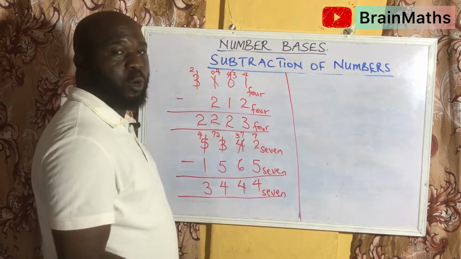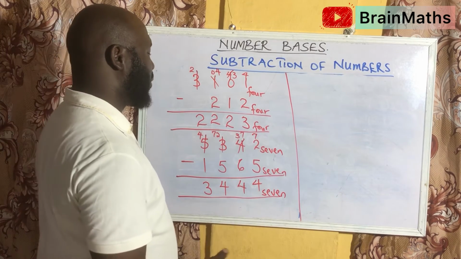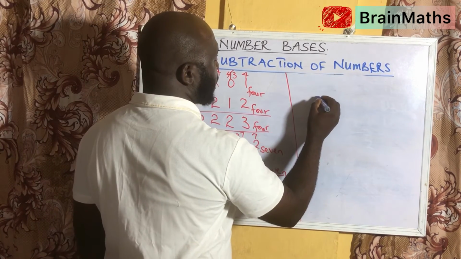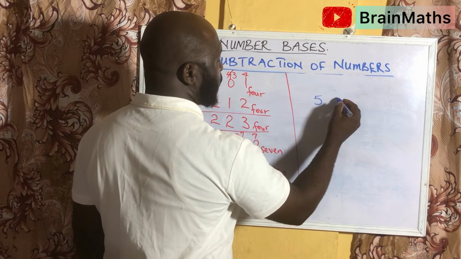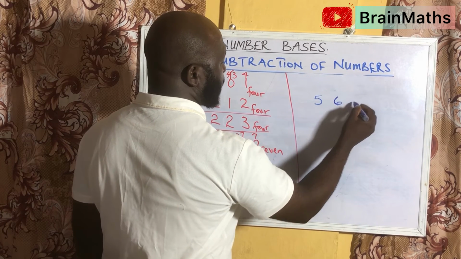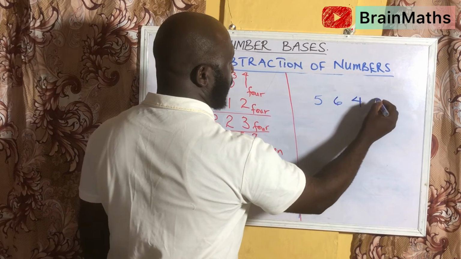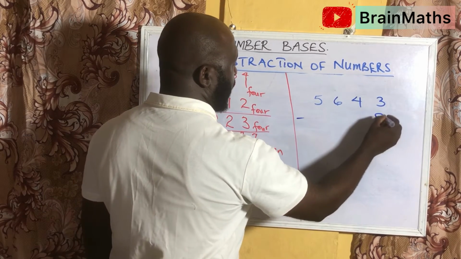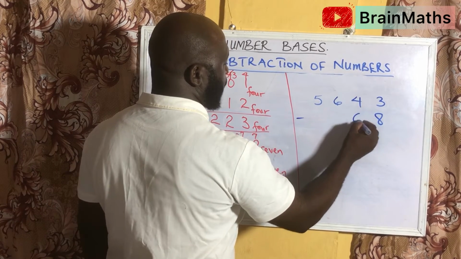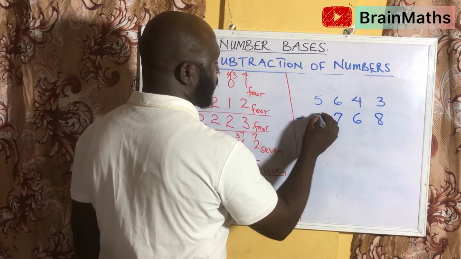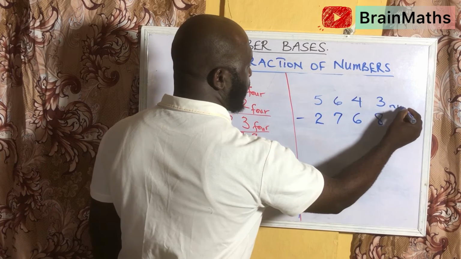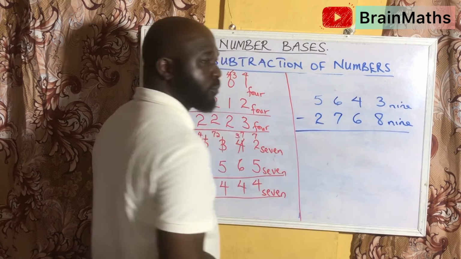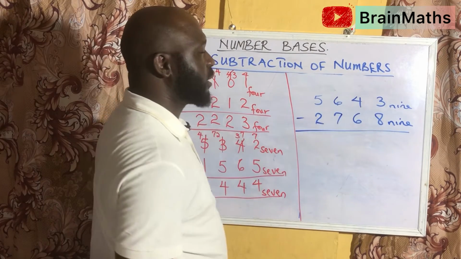Lastly, let's take one more question on base 9. If we have 5, 6, 4, 3 minus 8, 6, 7, 2, all in base 9, let's do the subtraction. 3 minus 8 is impossible.